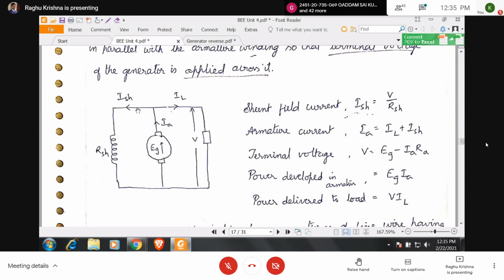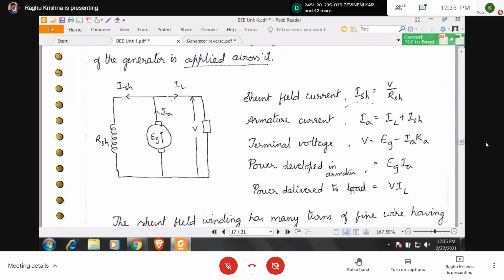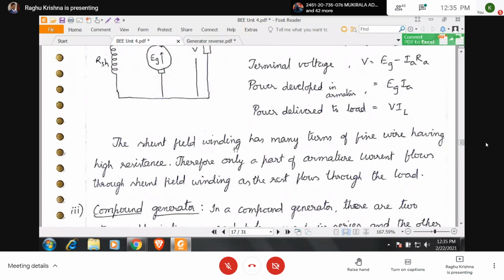If you take this junction, incoming current is equal to sum of the outgoing currents. Next, terminal voltage V equals Eg minus Ia Ra. Power developed in armature is equal to Eg into Ia. Power delivered to the load is equal to V into IL.